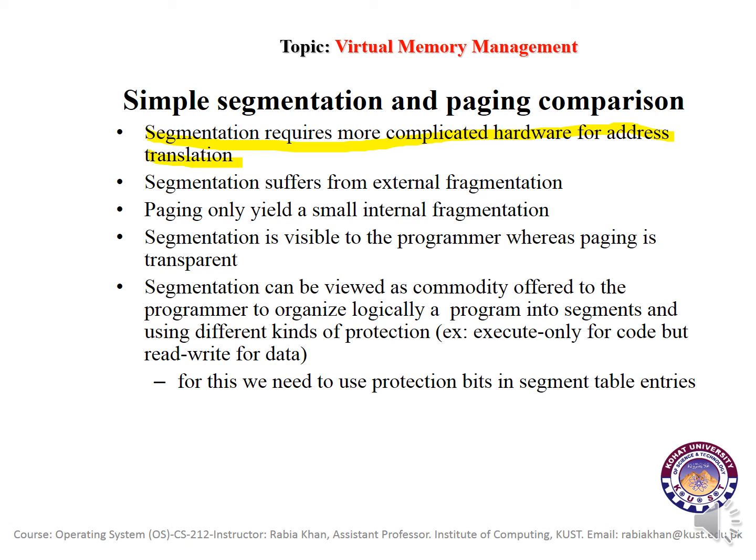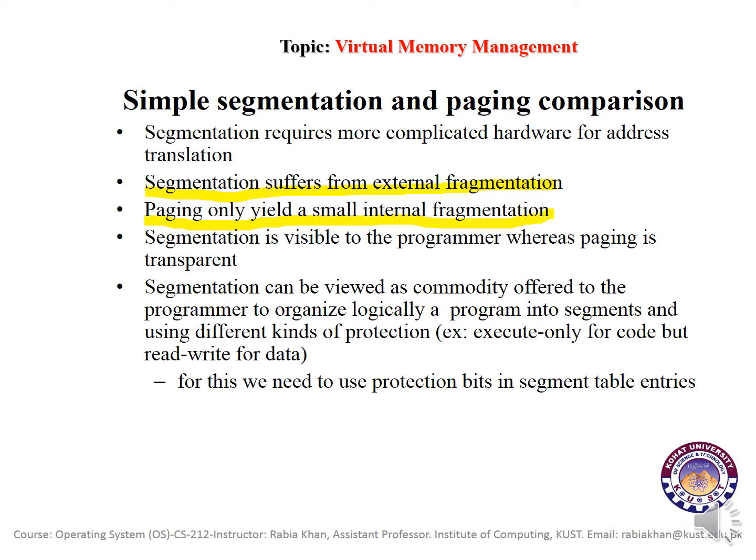Paging is thus not visible to the programmer, but segmentation is. As we have already said, the user makes segments himself. Another difference between the two is that segmentation has external fragmentation, as we have already discussed, while pages generate only a small amount of internal fragmentation.